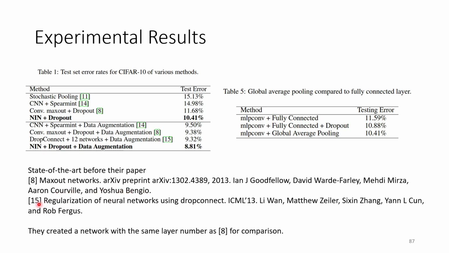And who is the author of paper 15? Yann LeCun here. So you can see they all show here. Yann LeCun and Yoshua Bengio are both winners of the Turing Award. And their network generates better results than the state-of-the-art methods.